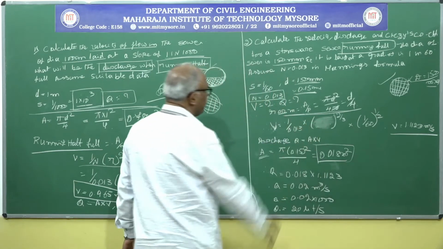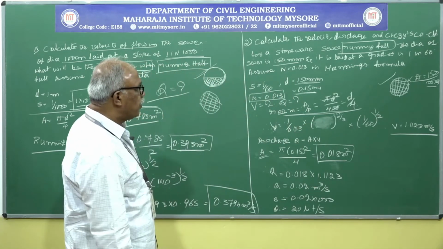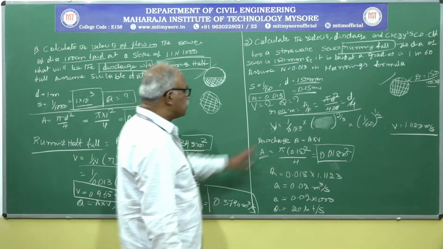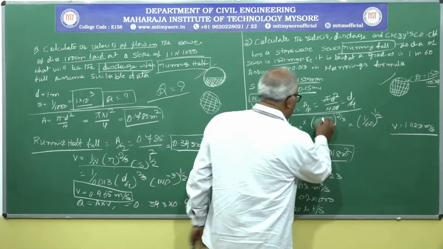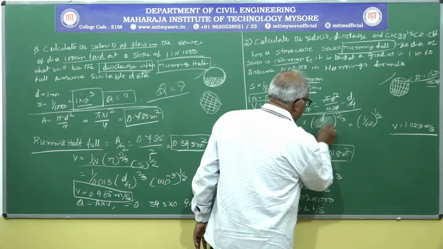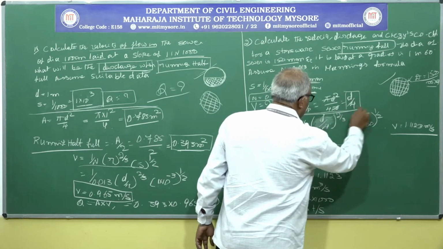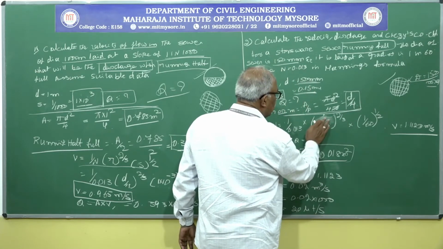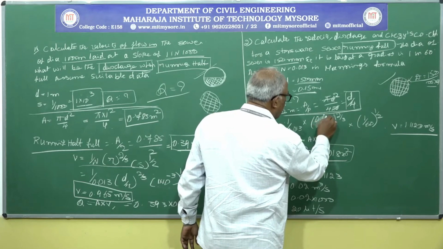What is the value of small r? Small r is nothing but d by 4, which we already calculated. What is the value of d? That is 0.15.